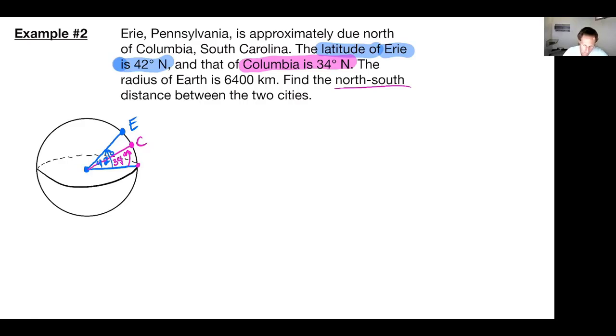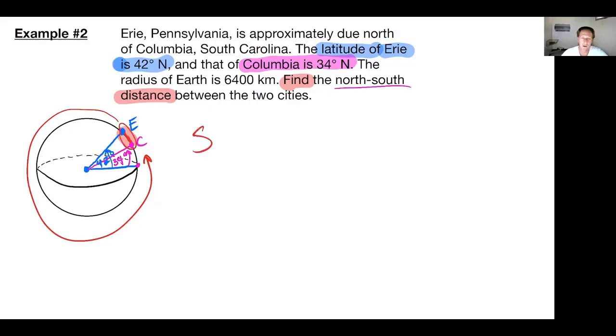What we're going to have to then do is find that north-south distance. Now, distance being the key, that's what they want us to find, the distance between those two cities. So we're looking for this right here. We want to find that distance between them, which, if you notice, is on the edge of a circle, but we don't want the whole thing, we just want that part.